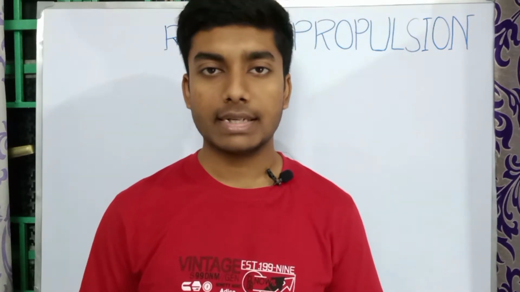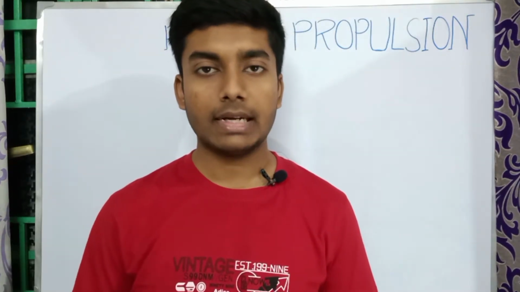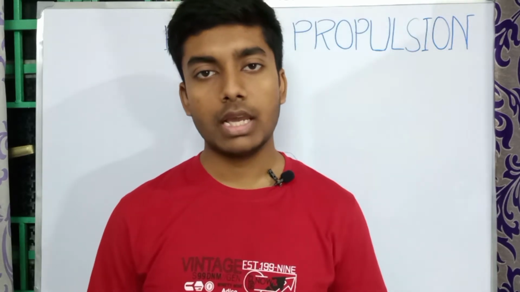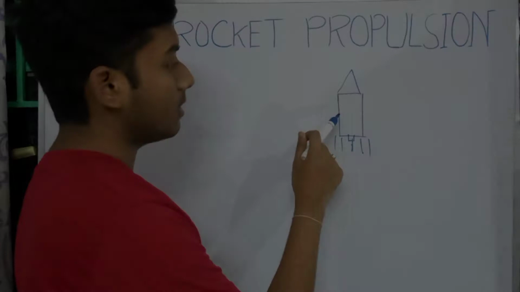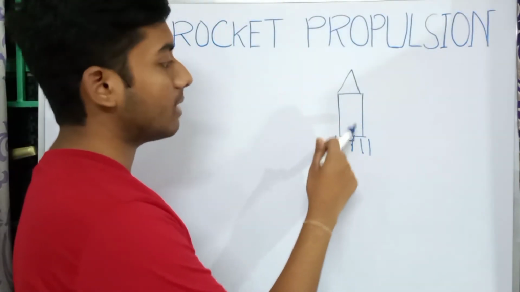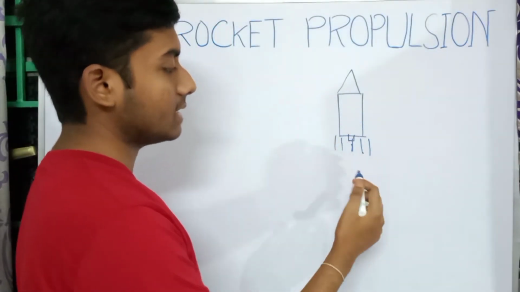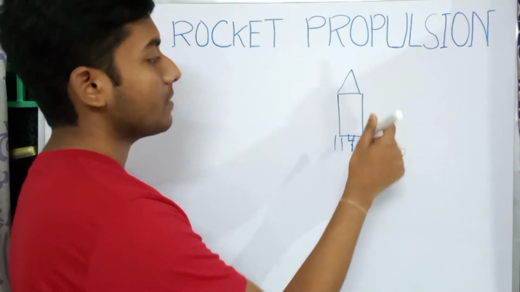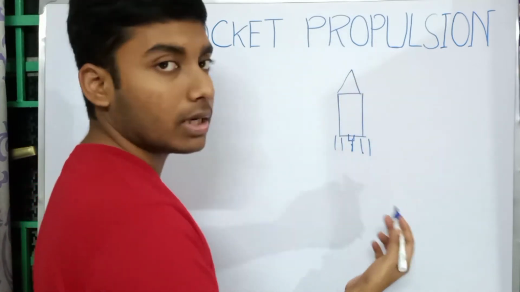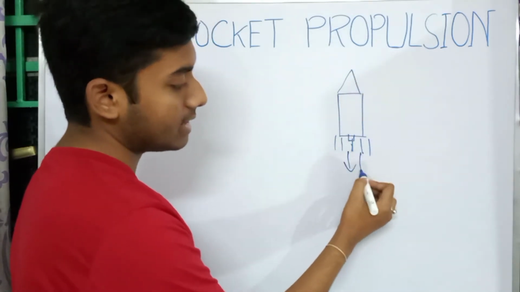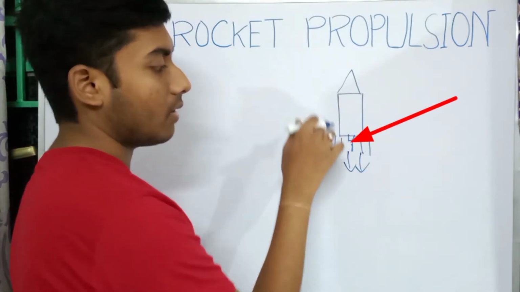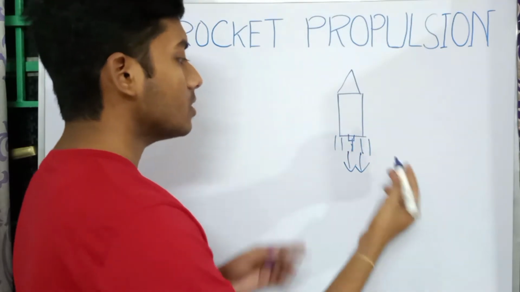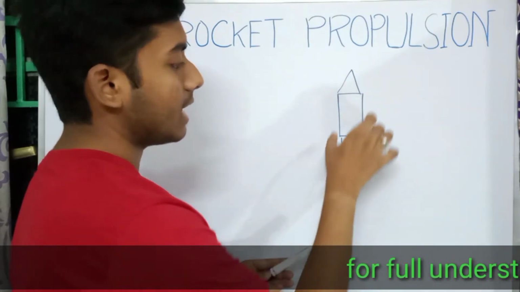Today we will discuss rocket propulsion, and in this video I will derive the equation for rocket propulsion. In a rocket, the fuel burns and produces gases. These gases are ejected outward like this from a small nozzle at the end of the rocket.